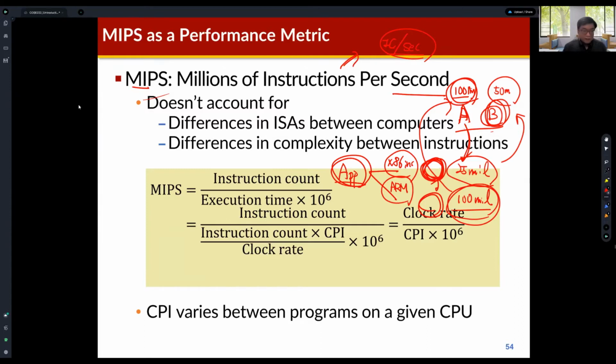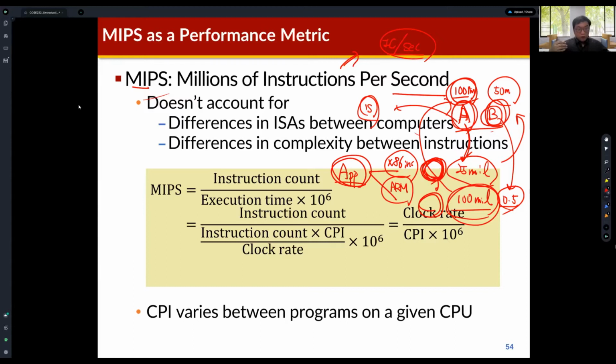In this case, it will take 1 second if the same application is executed by computer A, but it will take only 0.5 second. Okay, do you understand? So do not be confused.